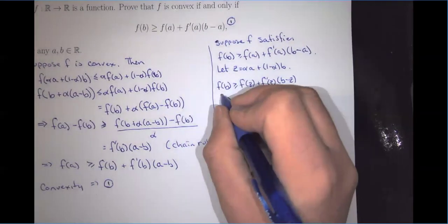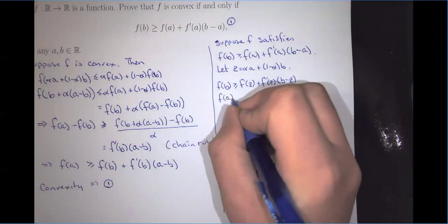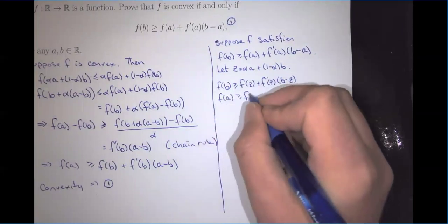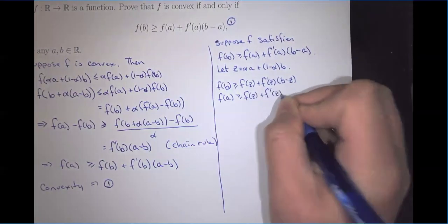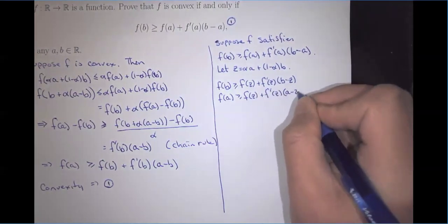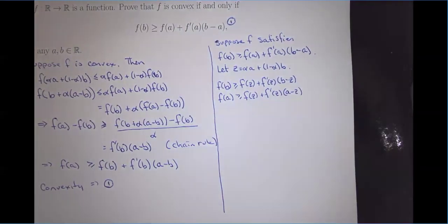We also know that f of a is greater or equal to f of z plus f prime of z times a minus z. Again, same equation 1 with a taking the role of b and z taking the role of a.